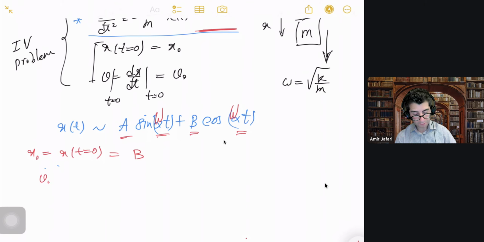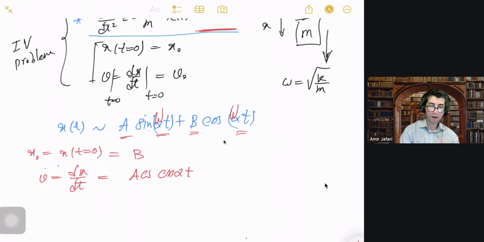And let's look at v, the velocity. What can you do here? Well, let's write it like this. V is dx dt. The velocity of the mass, the oscillating mass, would be A omega cosine alpha t. The derivative of sine is cosine. The coefficient goes outside. Here we get a minus sign.